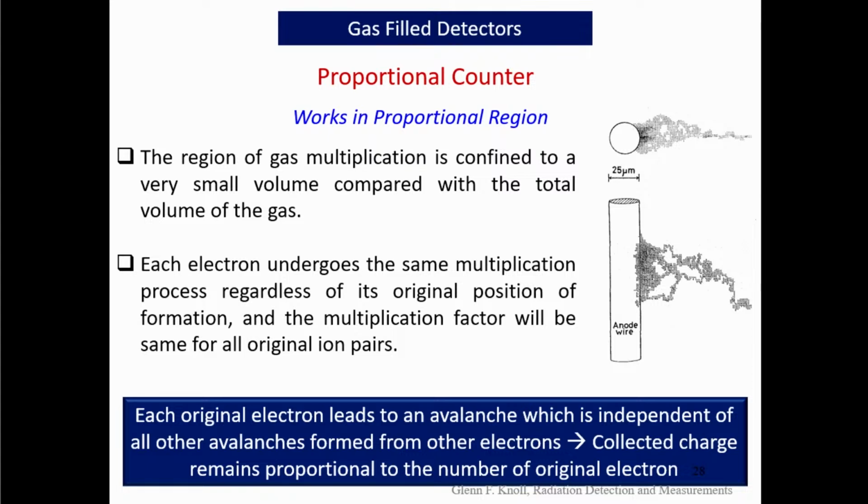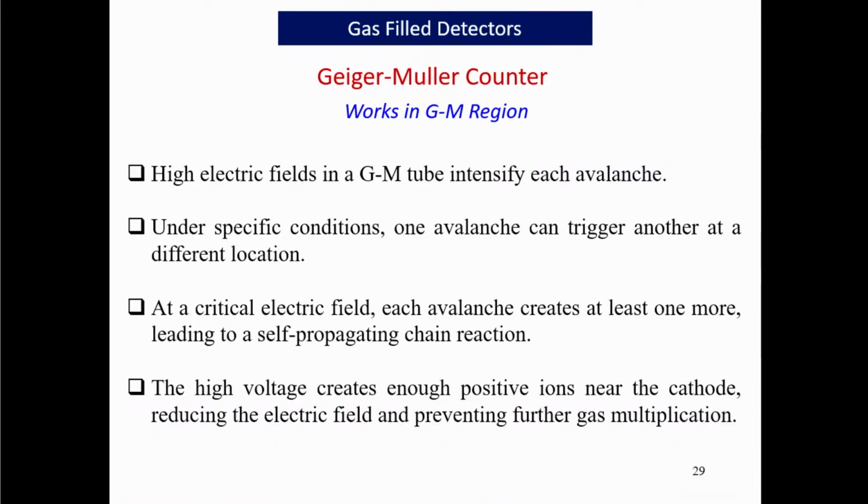Each original electron leads to an avalanche which is independent of all other avalanches formed from other electrons, and the collected charge remains proportional to the number of original electrons. Now, on further increasing the applied potential, when you enter the GM region, the high electric field in a GM tube intensifies each avalanche.